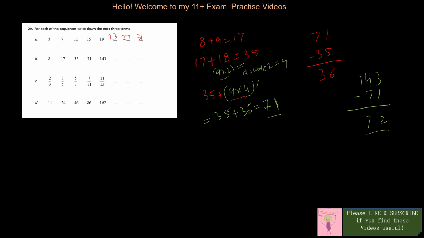Then you get double 4, which is 8. 9 times 8, that is equal to 71 plus 72, that is 143. So you got 143.